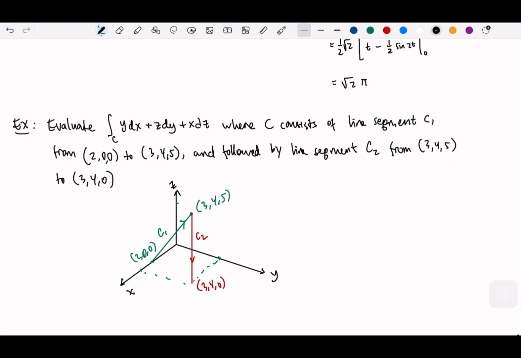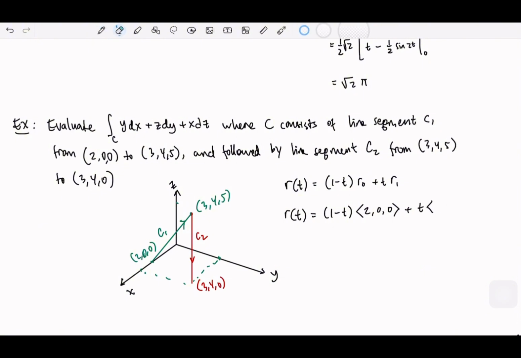We can use the vector functions r0 and r1, using the points that we have. Using the vector positions, so 1 minus t times the vector 2, 0, 0 plus t times 3, 4, 5. This is for C1.